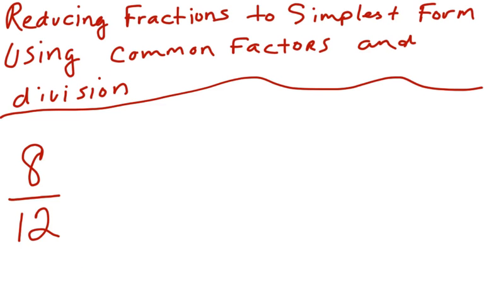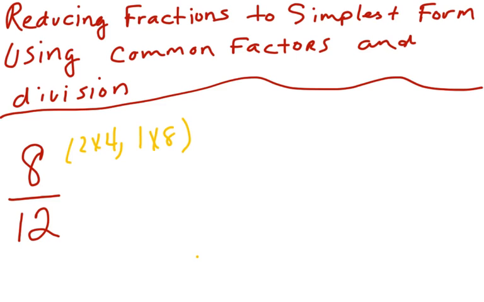And now, this time we're going to use common factors and division. So now we want to find the factors that are common to both 8 and 12. We have 2 times 4, 1 times 8, and those are all the factors that make up 8.